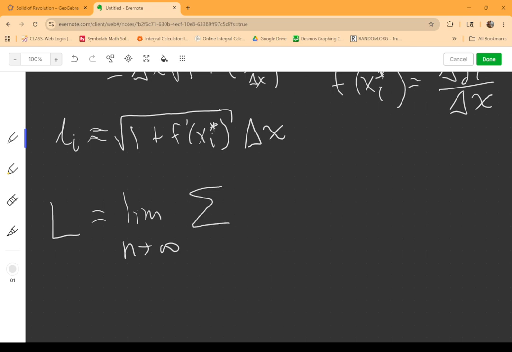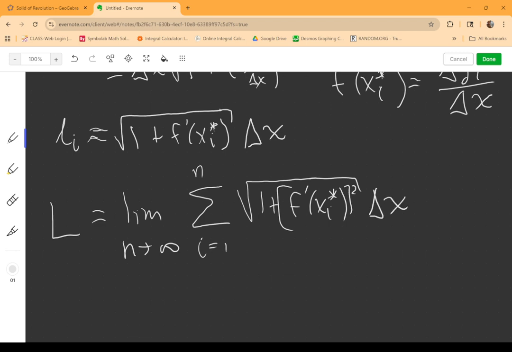So here, we'll set up a Riemann sum from i equals 1 to n of the square root of 1 plus f prime of x sub i star, this whole quantity squared, times delta x.